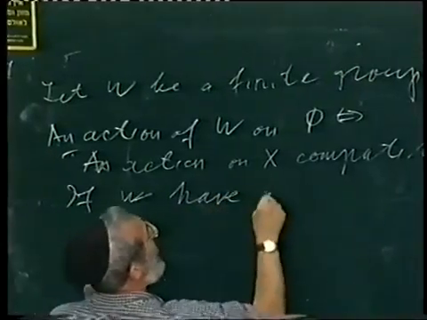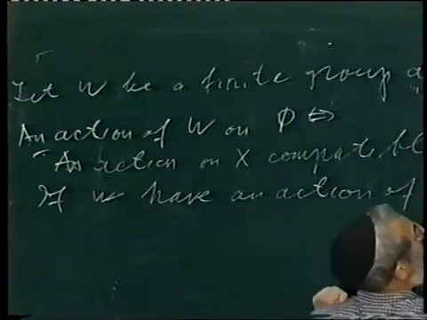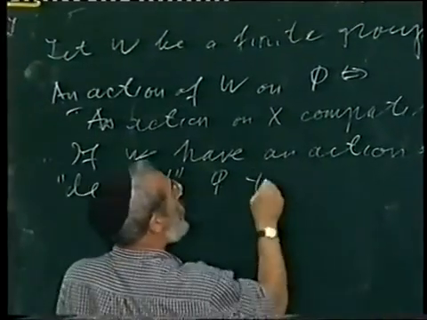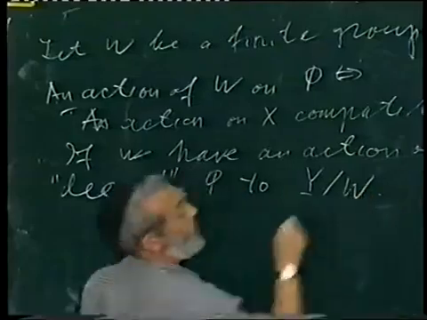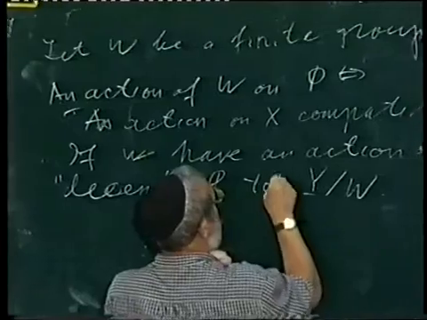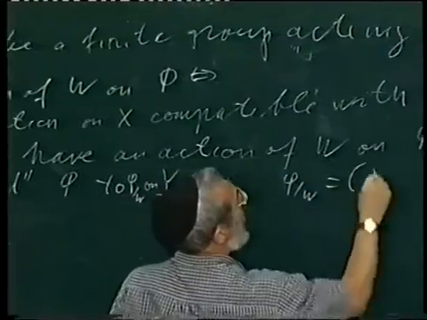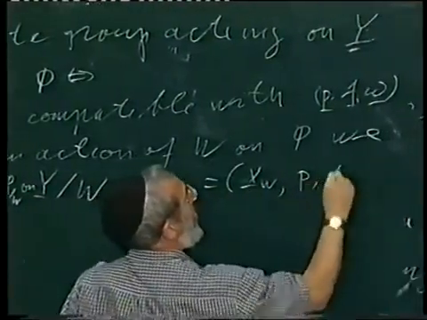Now, if we have an action of W on phi, we can descend phi to omega on Y mod W. We just take the quotient, so let's call it phi mod W on Y mod W. Phi mod W is just X mod W, p, f, omega.